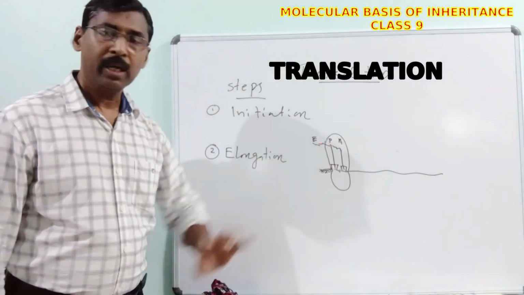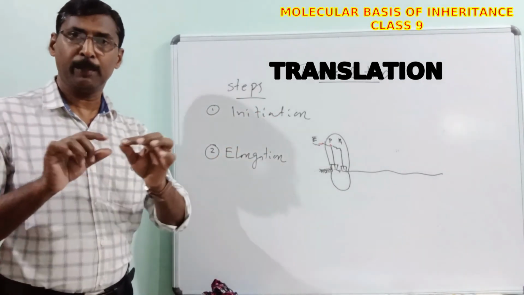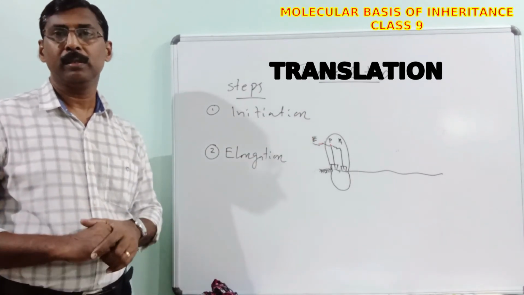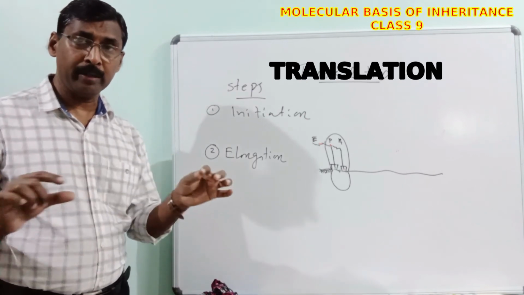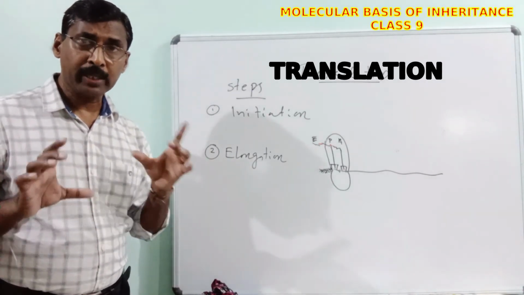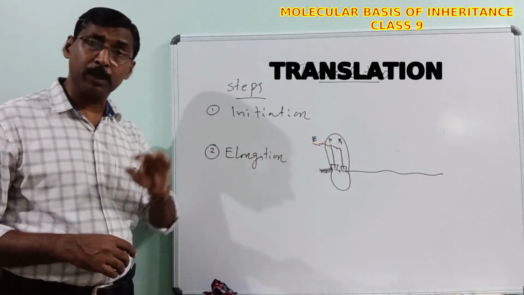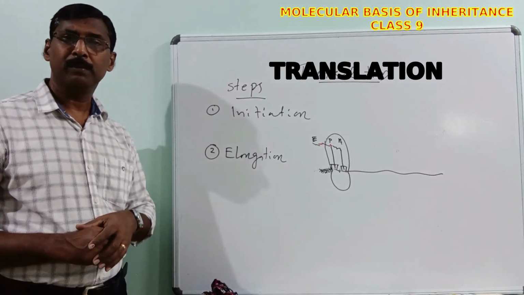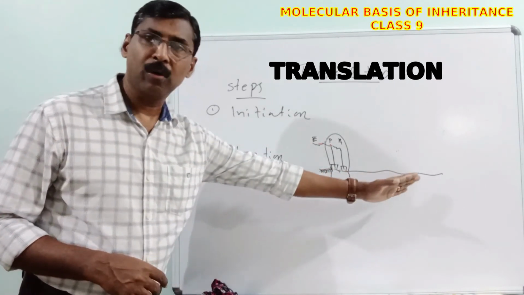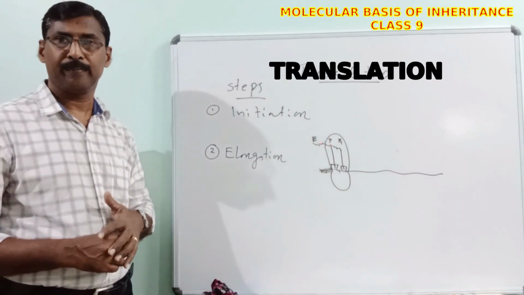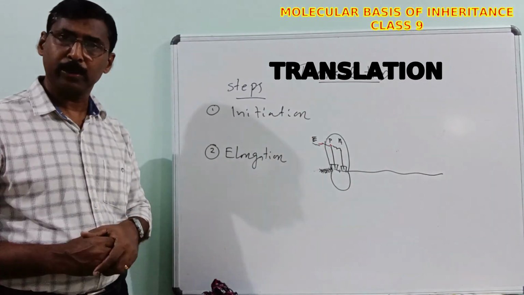This process continues, and we get a long chain of polypeptide, a protein. The sequence of amino acids in that polypeptide chain would be according to the codons of the messenger RNA.